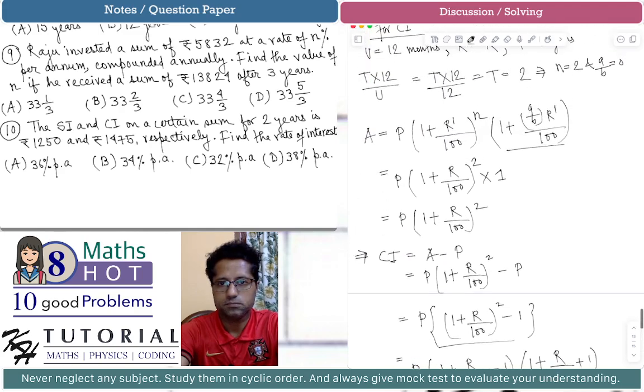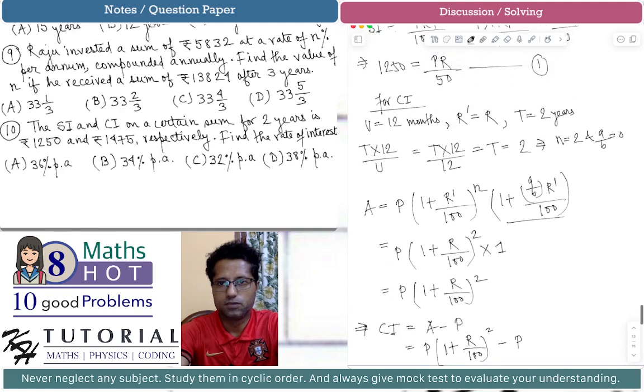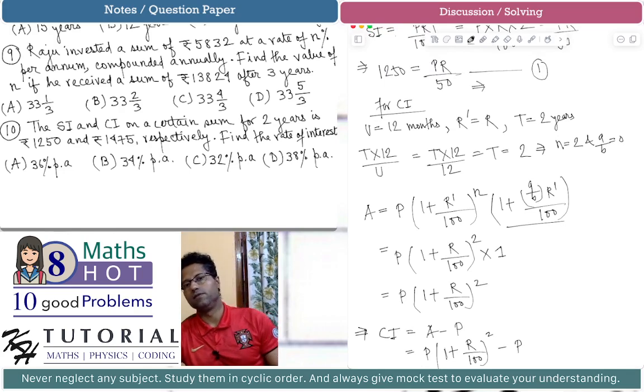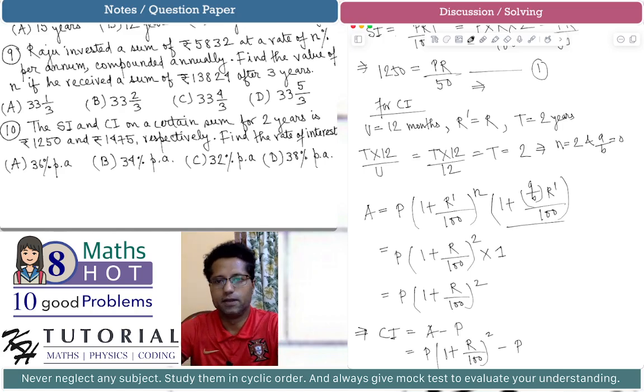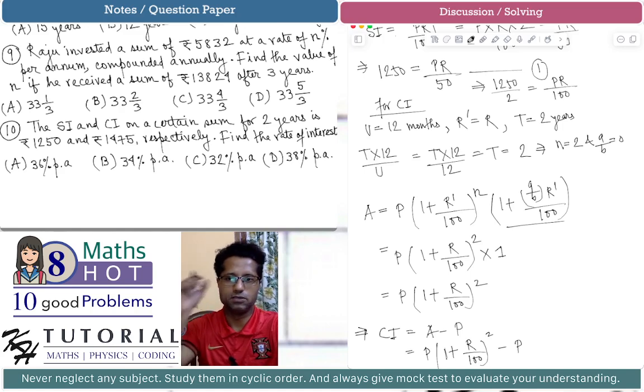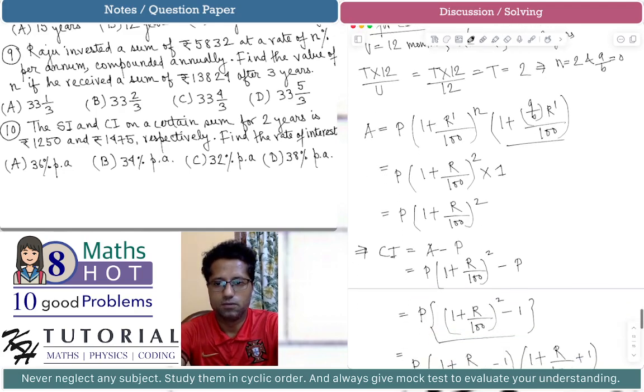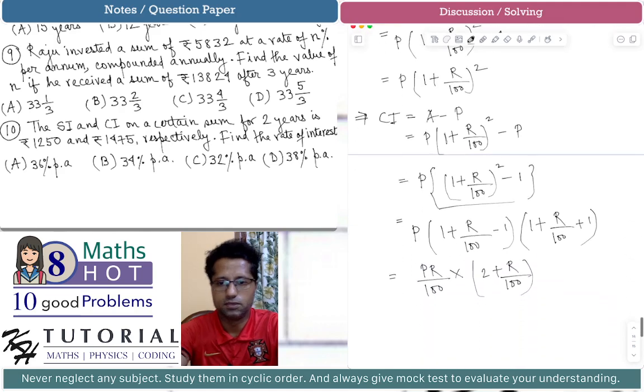So from equation 1 we can say that if you divide both sides by 2, we will get 1250 by 2 is equal to PR by 100. So PR by 100 is equal to 1250 by 2. That value we will use in this equation.